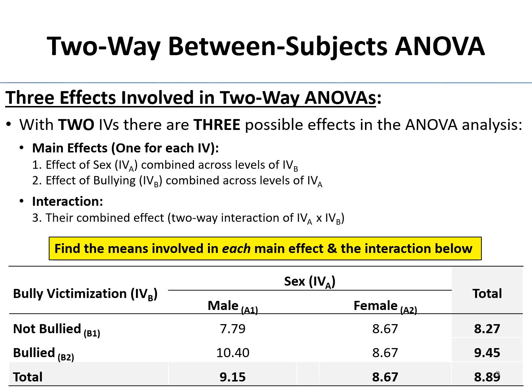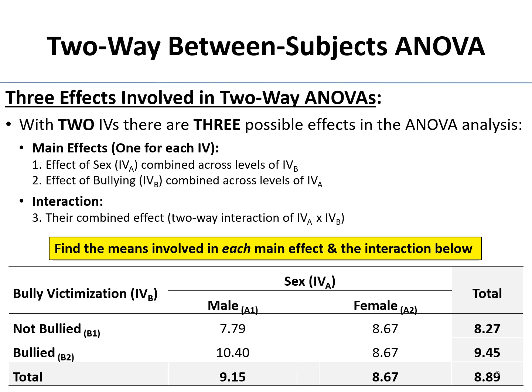And if you look, you should see those at the bottom row of this table. You got 9.15 versus 8.67. The main effect of sex in this study would compare the overall average hostility of men versus women, and if it's significant, there's some sort of overall effect of sex.